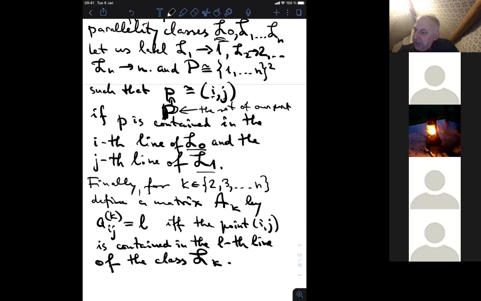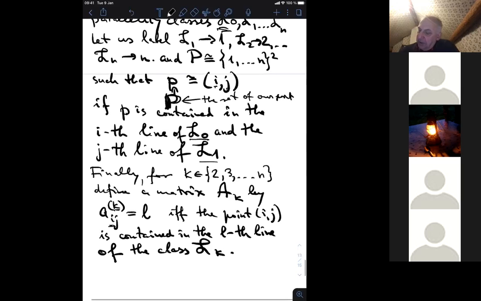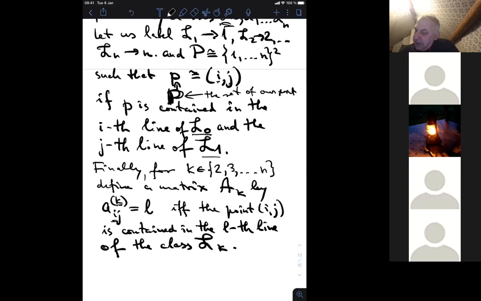We pick a k, which is 2, 3, and so on to n, and we say that the entry A_ij of the kth matrix would be l if this point ij also lies on some line from the class Lk. If it lies on the lth line, we put an l here.